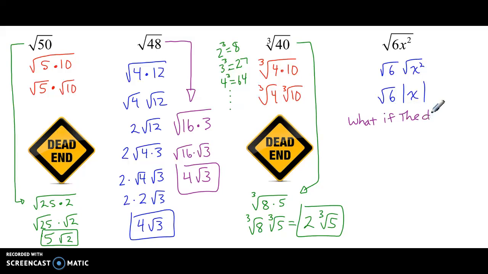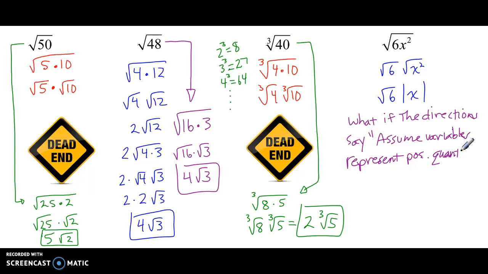If the directions say something like, assume variables represent positive quantities, then your square root of x squared will simplify the way you'd like it to. You have square root of 6 and then x.